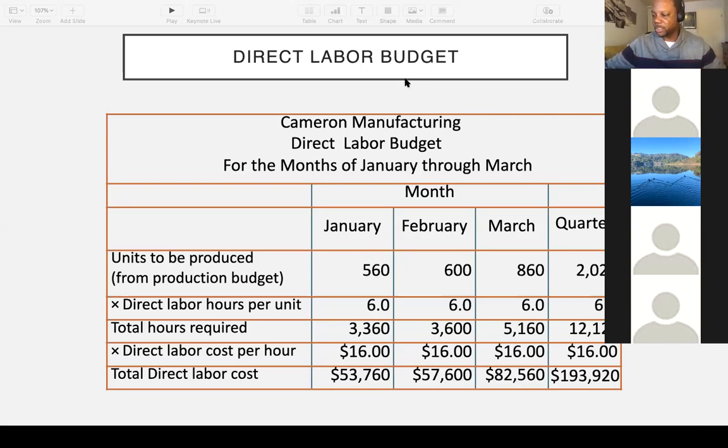During that time, if you have a question, just invite me into your room and we can talk about it. We're not going to come back to this main room after you're done, but hopefully you can get through the direct labor budget and we can make sure you've got that right as well.